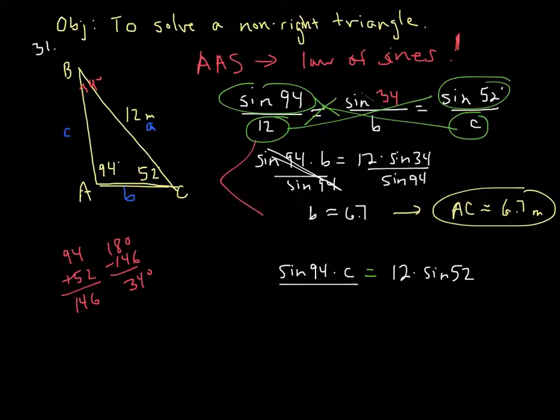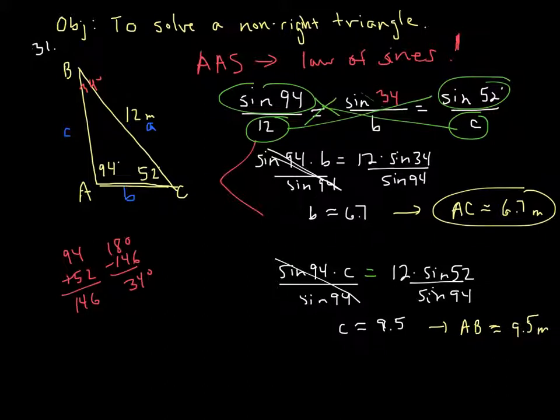Sine 94 is a number. Divide by that number. It cancels, and I'm left with c is approximately equal to 9.5. Double check that you can get that number on your calculator. And, of course, we should interpret that answer to be that, in my picture, AB is c. So that's approximately 9.5 meters if I put some units with it.